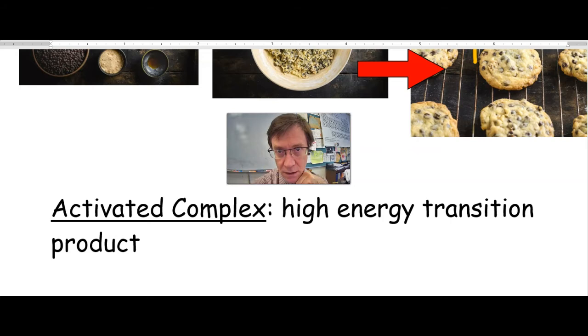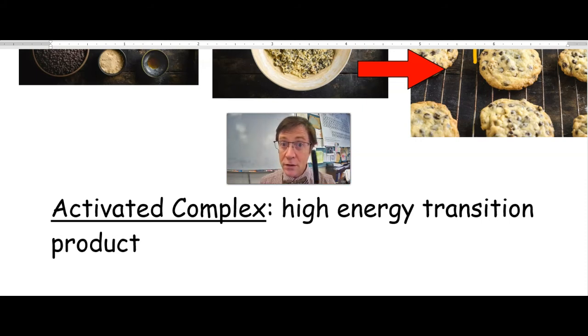It's that middle part where all the chemical bonds are broken, the reactants are blasted to bits, and they're just about to snap back to make our new products. It is the thing that exists in between reactants and products. That's what the activated complex is.